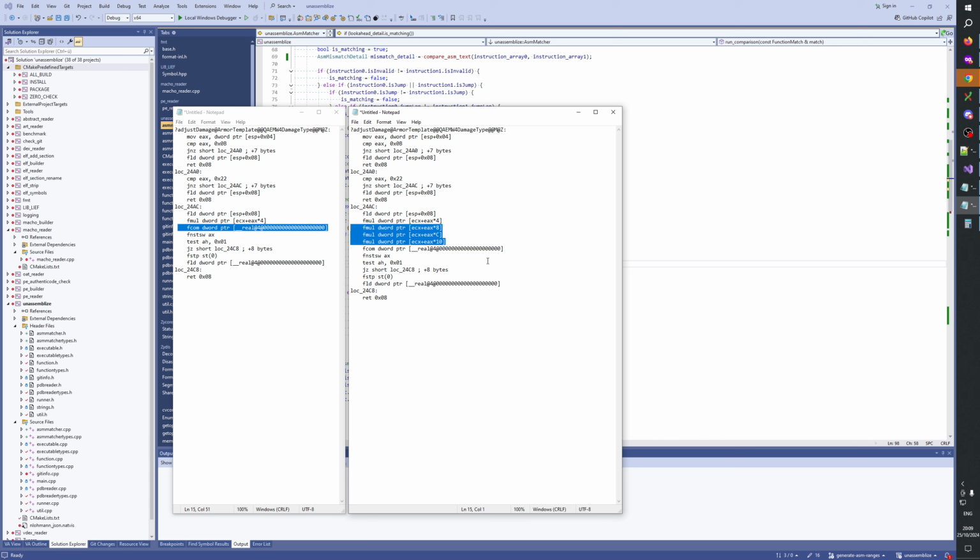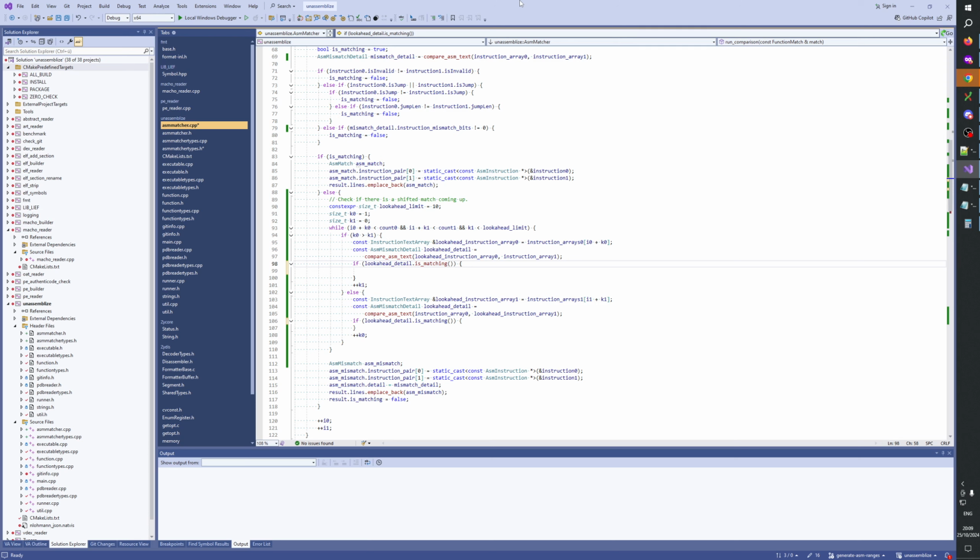Then, so this would match this, but then we know already that there will be 1, 2, 3 lines in between. So we can already use this information to also fill the further ASM mismatch lines, right?